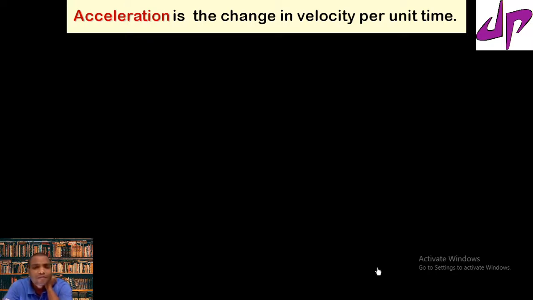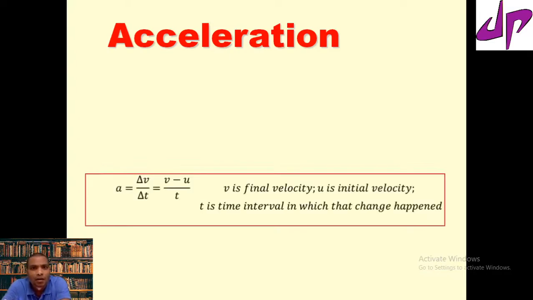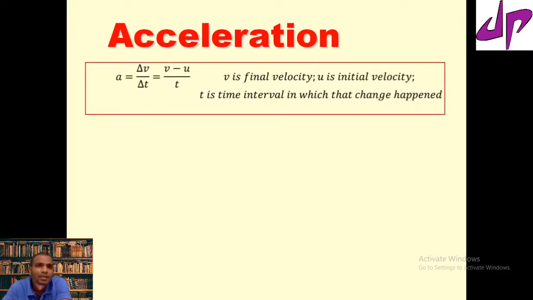We can calculate the acceleration of the car by using a formula. The formula is acceleration A equal to change in velocity per unit time.